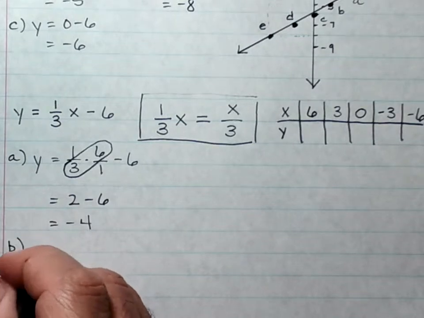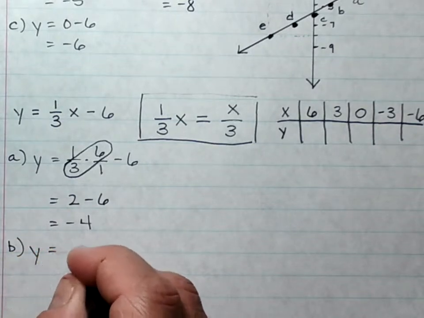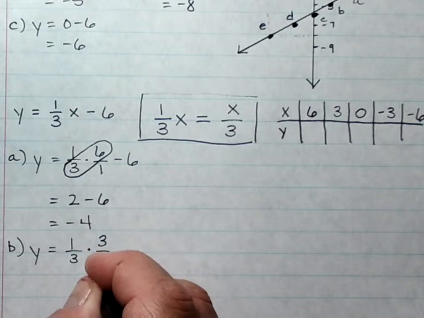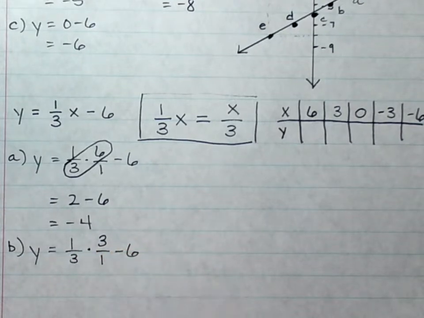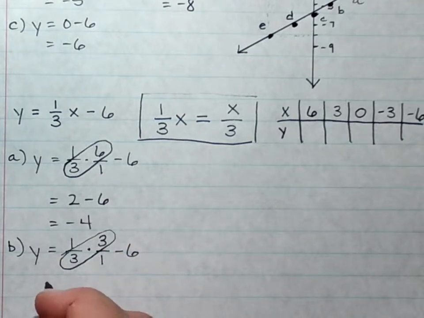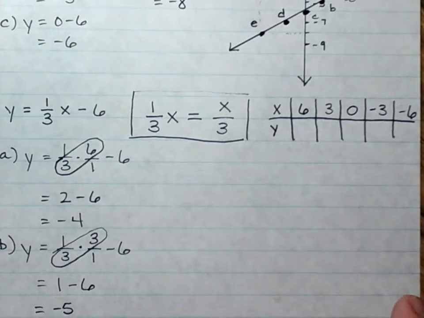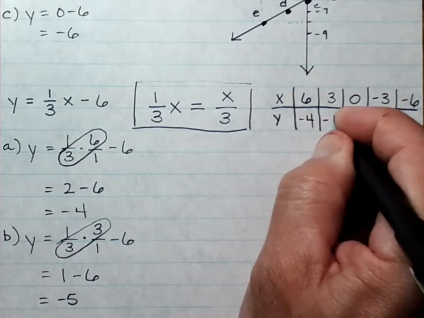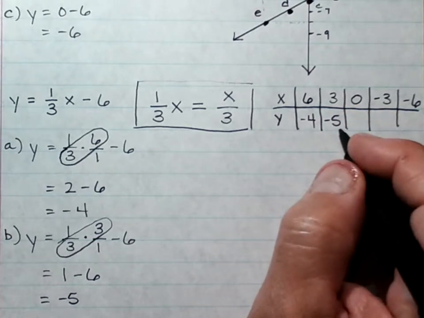B. Same steps, different input. 1/3 times 3 minus 6. What is 3 over 3? That's 1. 1 minus 6 is negative 5. So right now, we have a negative 4 and a negative 5.